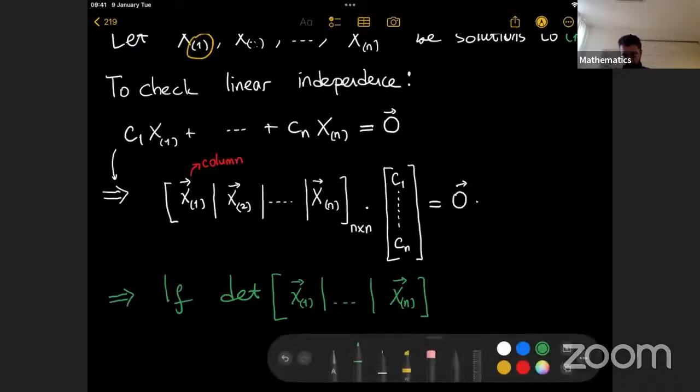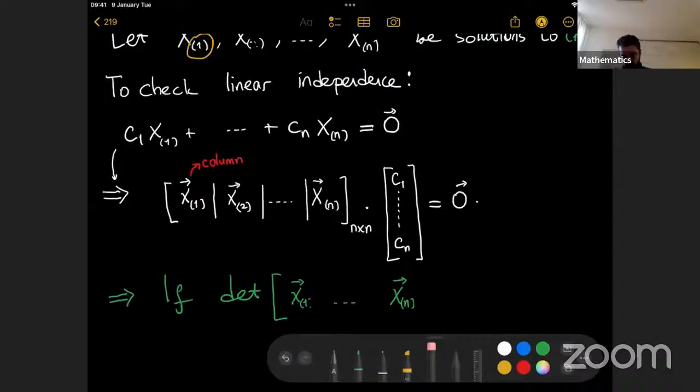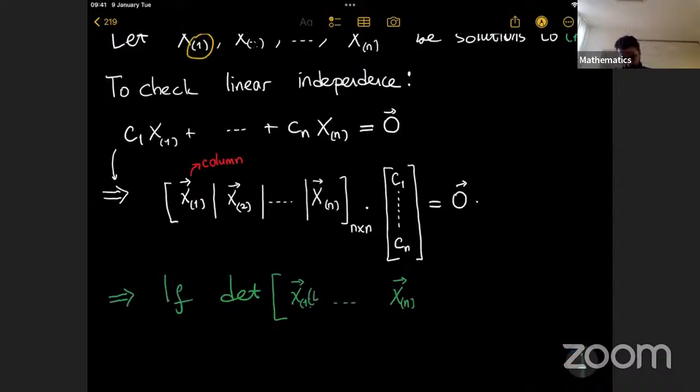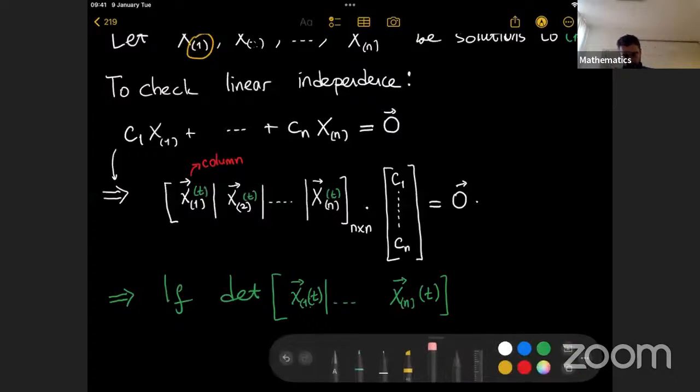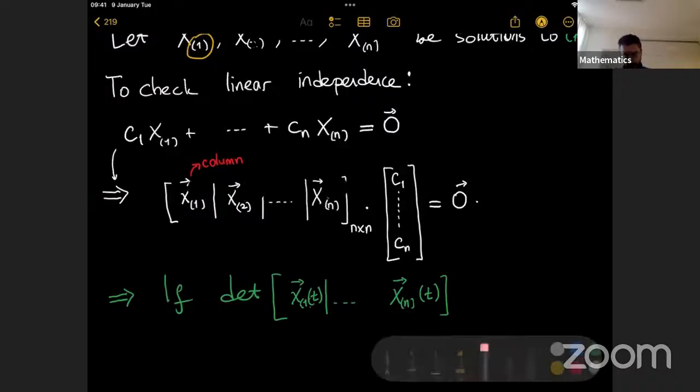Maybe let's write it with the variable as well. x1(t), it's a function. xn(t), it's a function. Here as well, the same. Well, I didn't write it, but they are all functions of t here. It's a vector function, okay? But I didn't put this here to simplify, so let's remove it anyway.